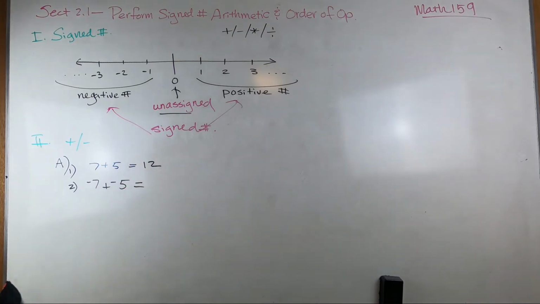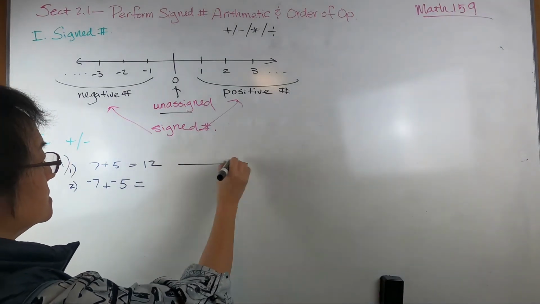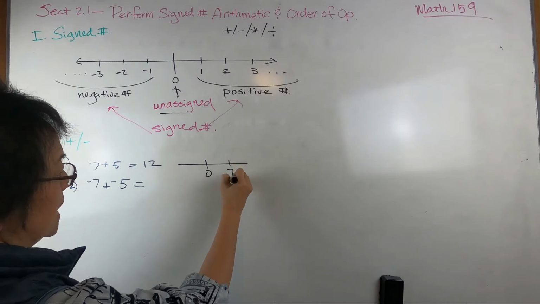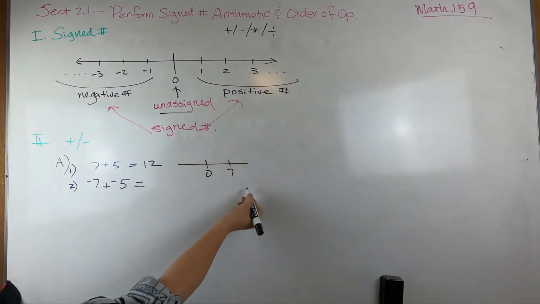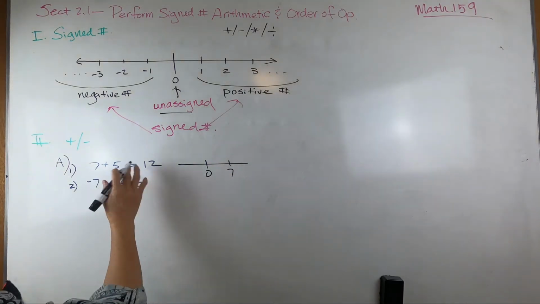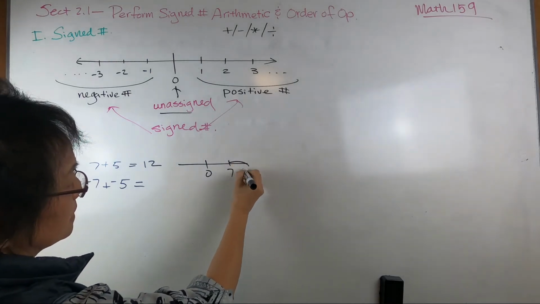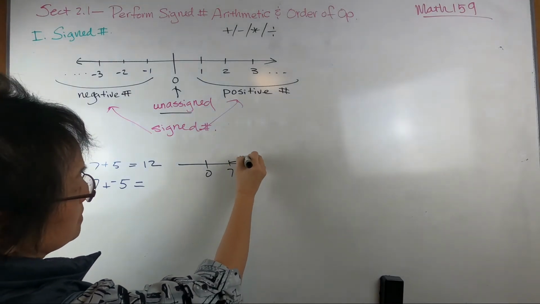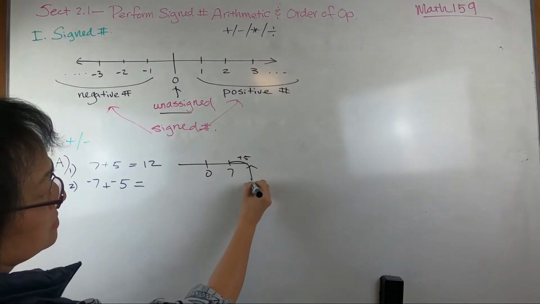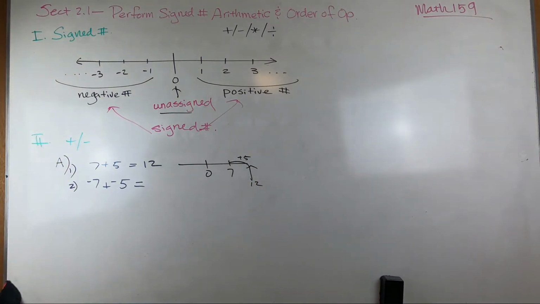Some of you will have problems with negative numbers, okay? Negative 5 and negative 7 and negative 5. So, you can think several ways. So that's 0, 7, you are here. Positive 7 on the right-hand side. So plus 5, you add more, right? So you would be here. So that would be 12.